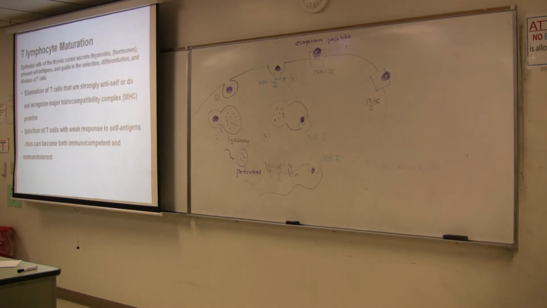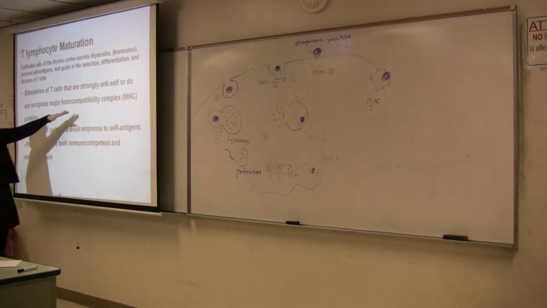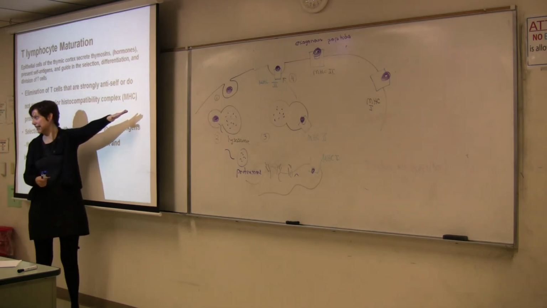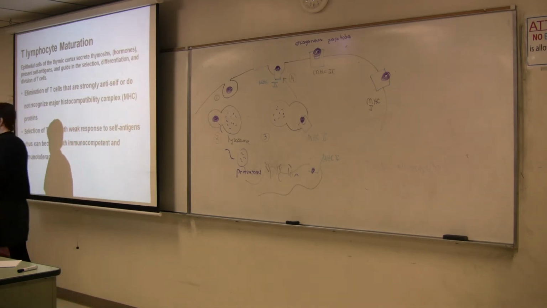So, T lymphocyte maturation. We don't want T cells in our body that will attack our body, all right? But to be functional, a T cell has to recognize the MHC1 complex. So that's the first step.